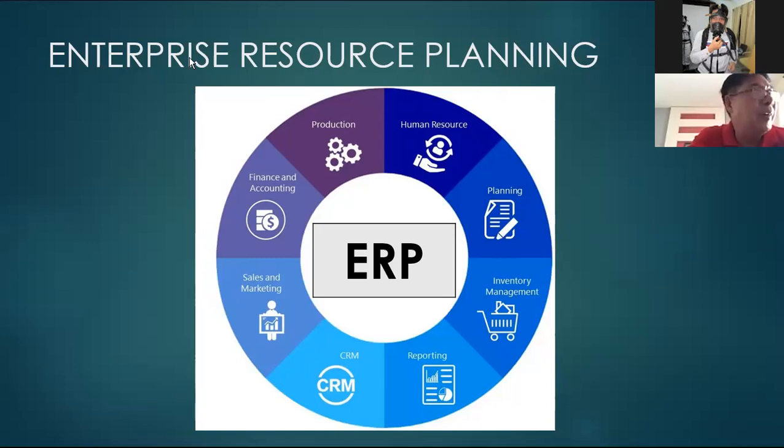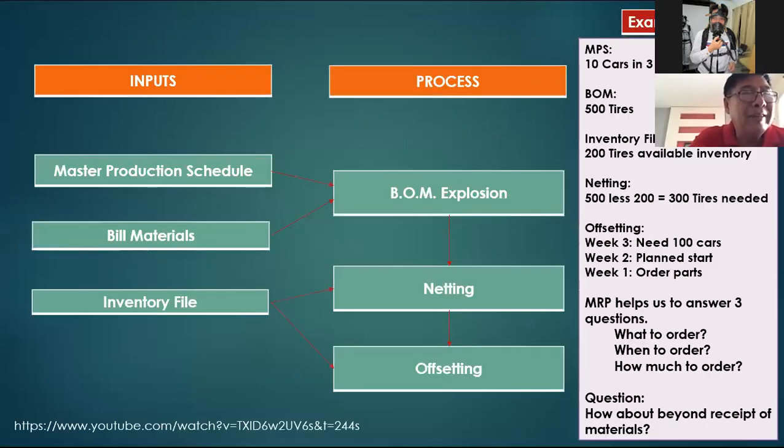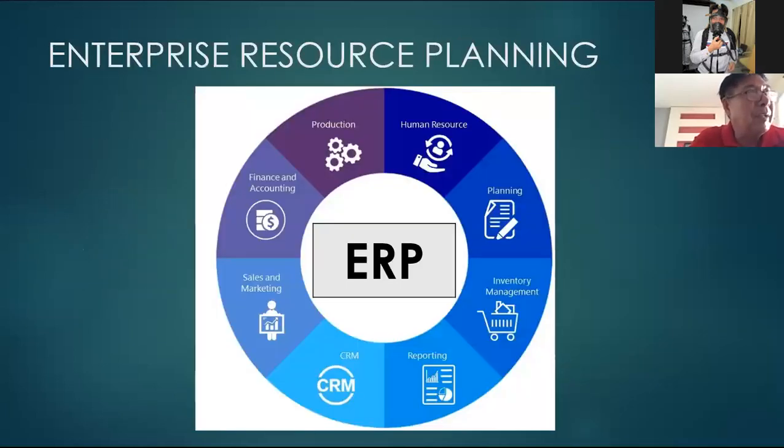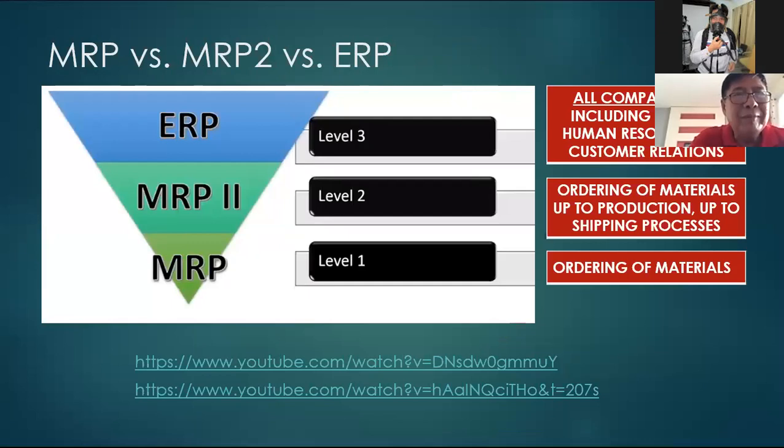Napakaganda. Ano, MRP, ERP, and you have explained the step, di ba? Step by step. Well, planning, you have to use MRP. MRP lang yun, no? Parang MRP1. Then the next step, ito, level 2. Pero kung all the departments in the agency are involved, ERP na, di ba?